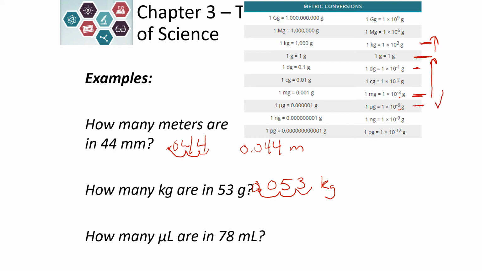This time we're going down the table, so our number is going to get bigger. So we need to move our decimal place 3 places to the right. So we end up with 78,000 microliters, or 7.8 times 10 to the fourth microliters.